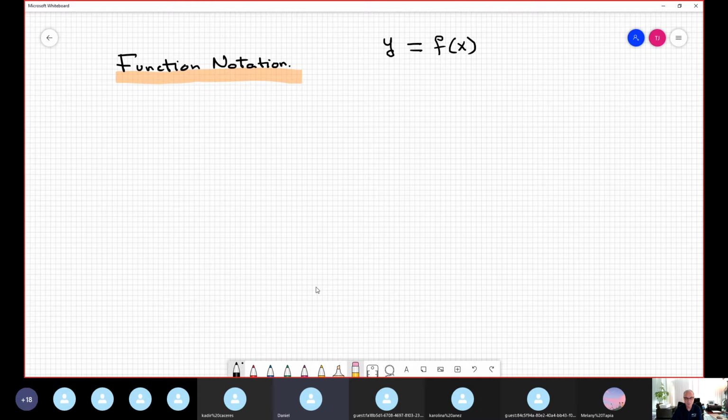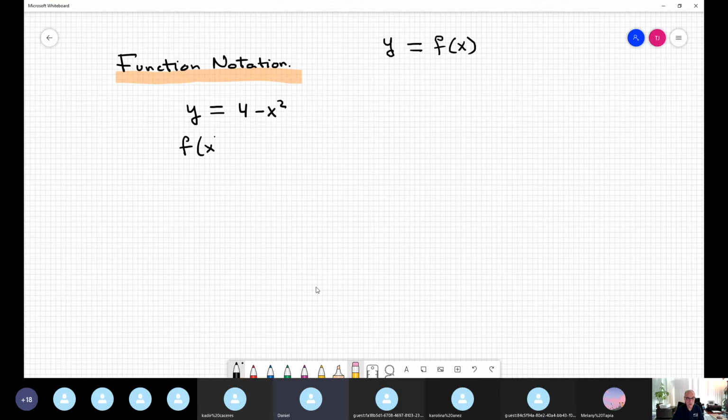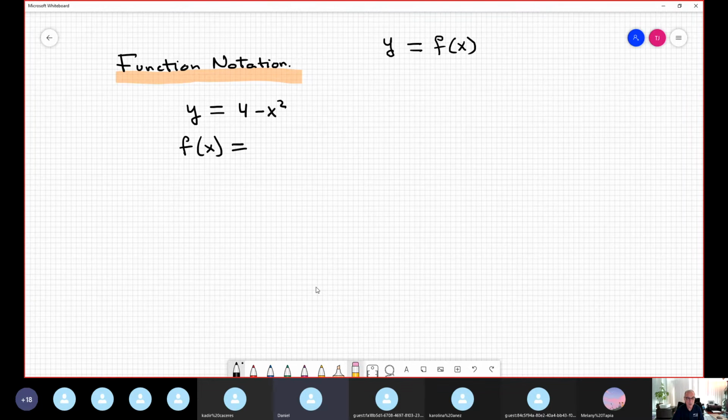Okay, I want to explain now. Suppose one elementary example, not complicated. Suppose one equation is y equals 4 minus x squared. But I want to manipulate this function using function notation. So I replace y with f of x. And this notation allows me, for example, to evaluate at any point.